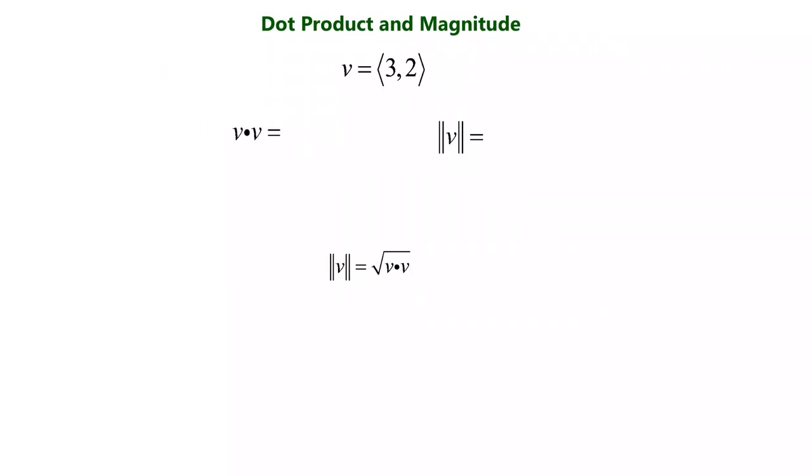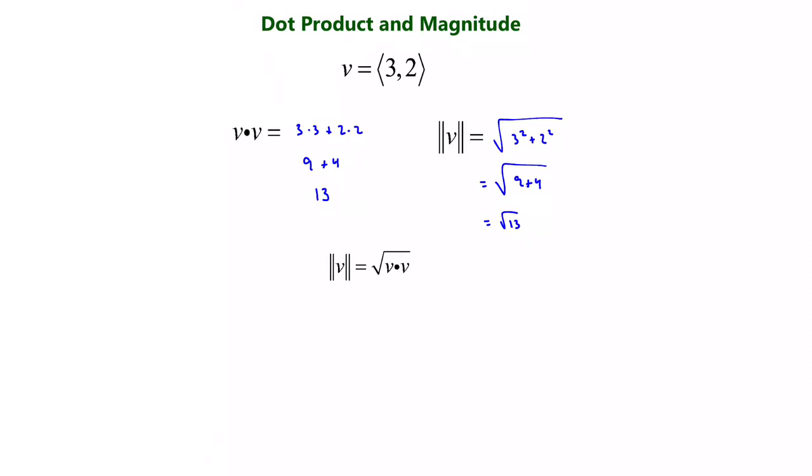So the dot product and the magnitude. We did this one a little bit earlier in the property, something very similar. If we do the dot product of the same vector, we will get 3 times 3 plus 2 times 2. So 9 plus 4 would be 13. If we do the magnitude of vector v, that would be the square root of 3 squared plus 2 squared, which equals the square root of 9 plus 4, which is the square root of 13.